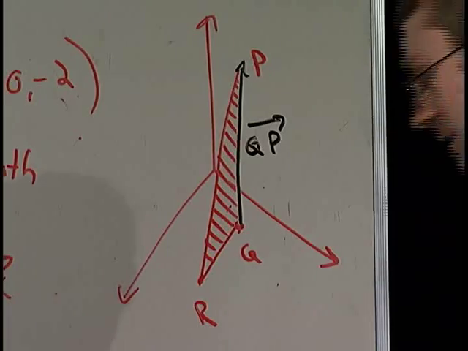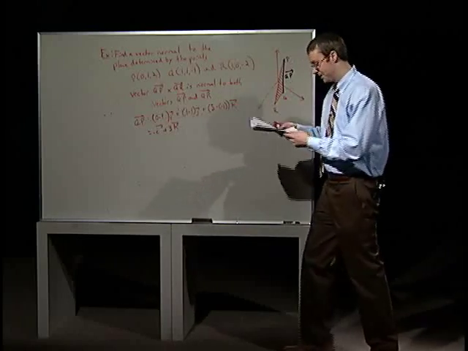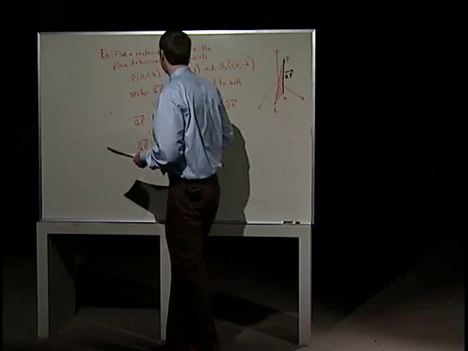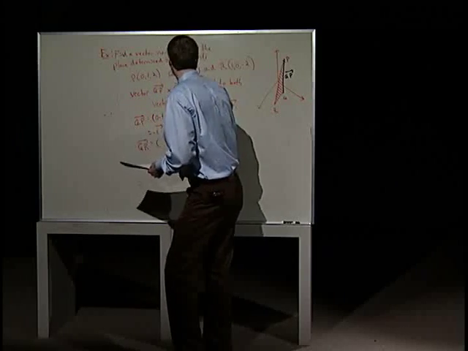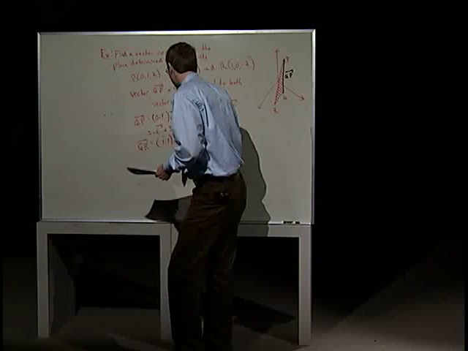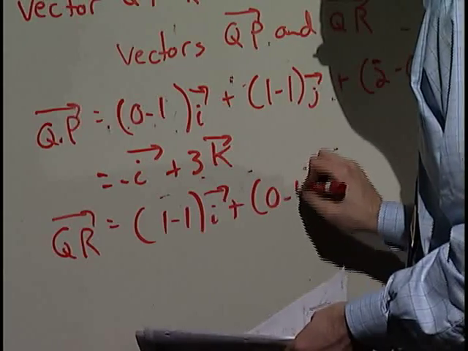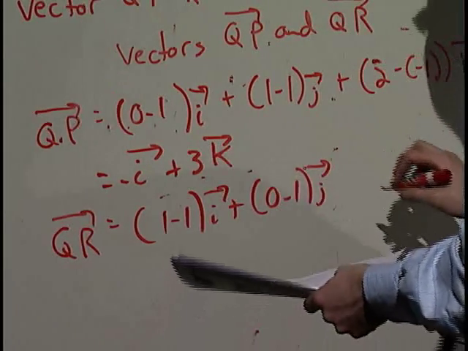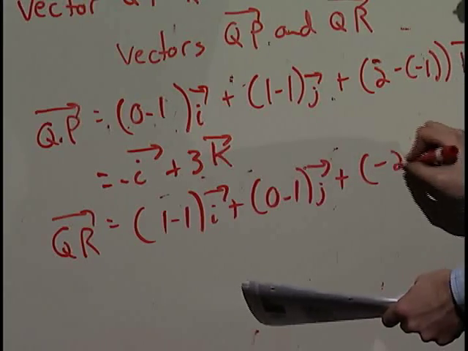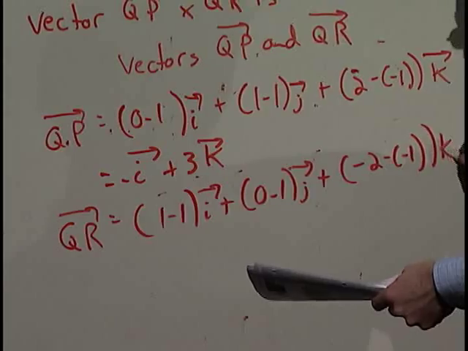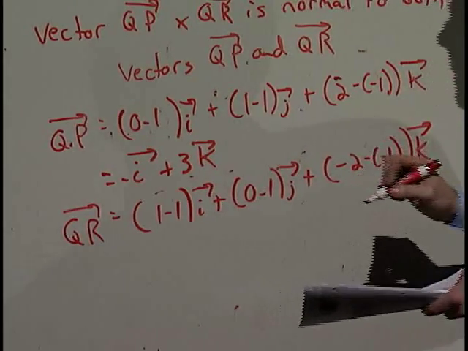All right. And QR, same way it's gotten. So QR equals, let's see here, 1 minus 1 i and 0 minus 1 j plus negative 2 minus negative 1 k.